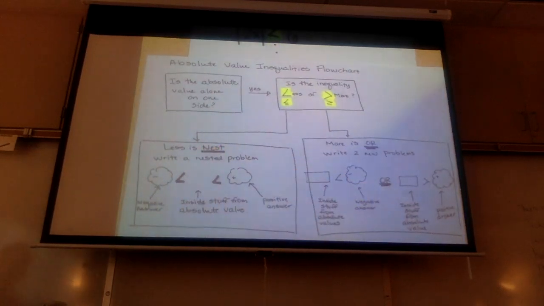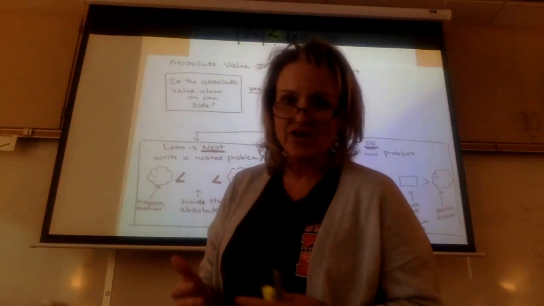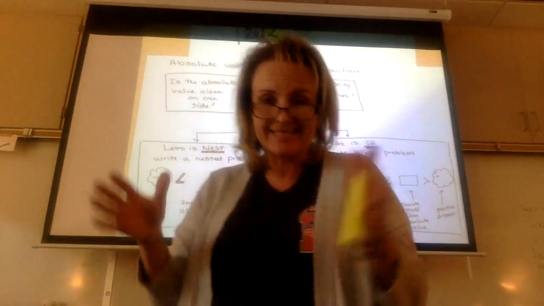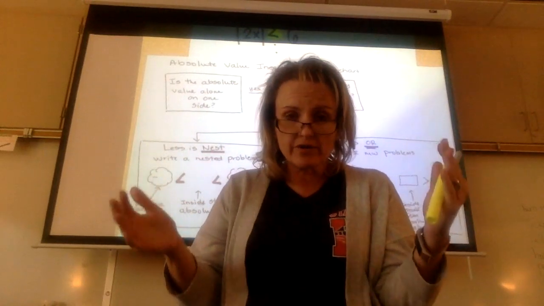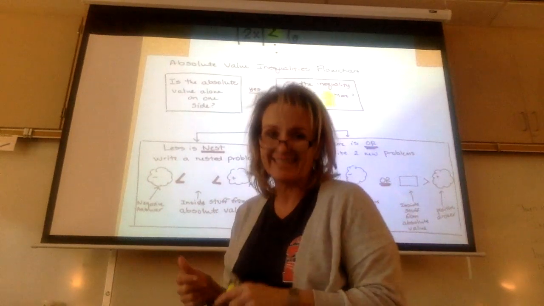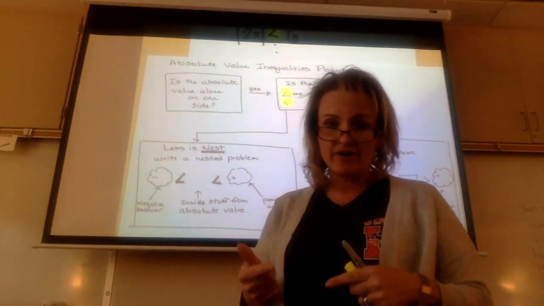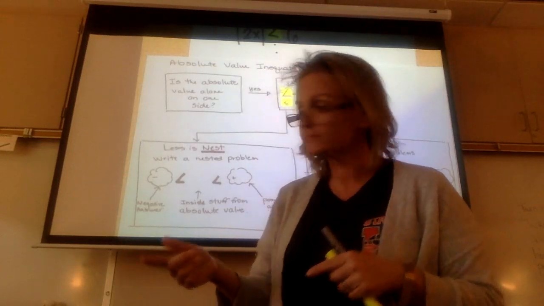And if you remember from the EdPuzzle video, when it's less, we do less is nest. Nest means that I'm going to put something on both sides. Refer back to that EdPuzzle on absolute value inequalities, and you'll hear the guy chanting over and over, less is nest, more is or.